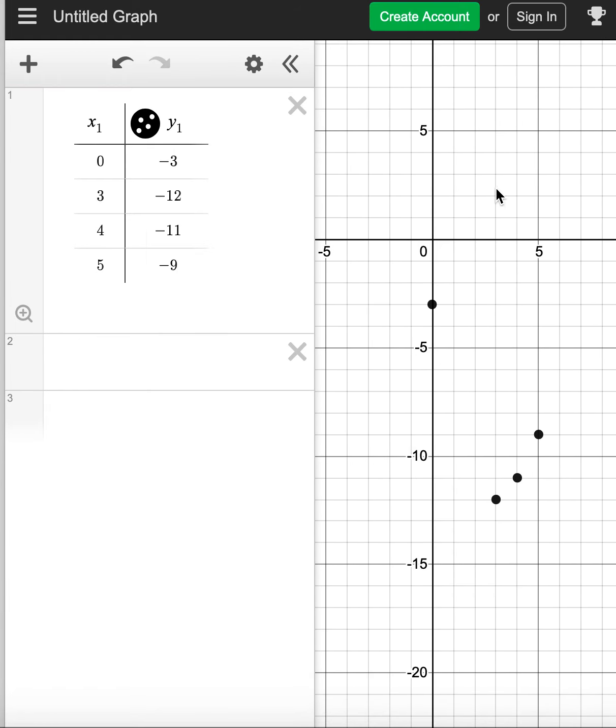There's the data. Now it's possible all 4 might be on a parabola, or maybe they won't. Let's find out.